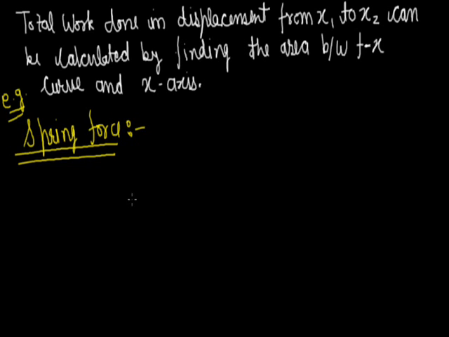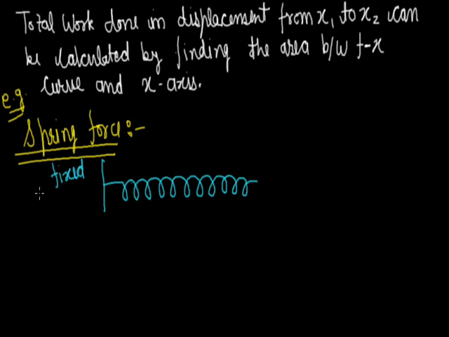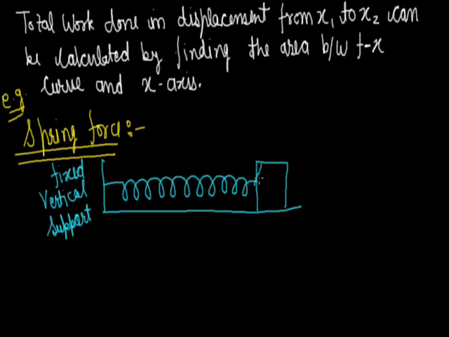Suppose here a spring, one end of this spring is connected to a fixed vertical support, and the other end of this spring is connected to a block which can move on this horizontal plane.